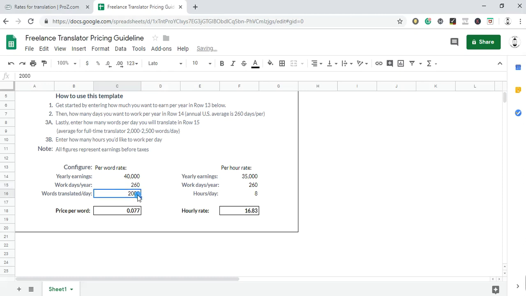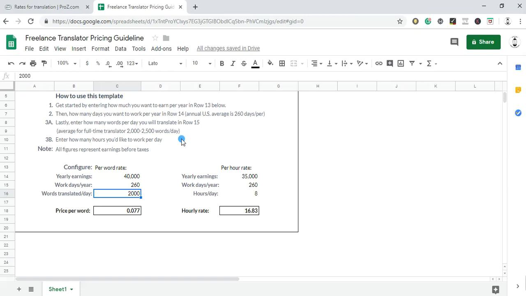And then there are the words translated per day. I've put up here, I have 3A and 3B. So this will be 3A. So lastly, enter how many words per day you will translate. So an average full-time translator for full-time work does 2,000 to 2,500 words per day. This is very dependent on your skill.